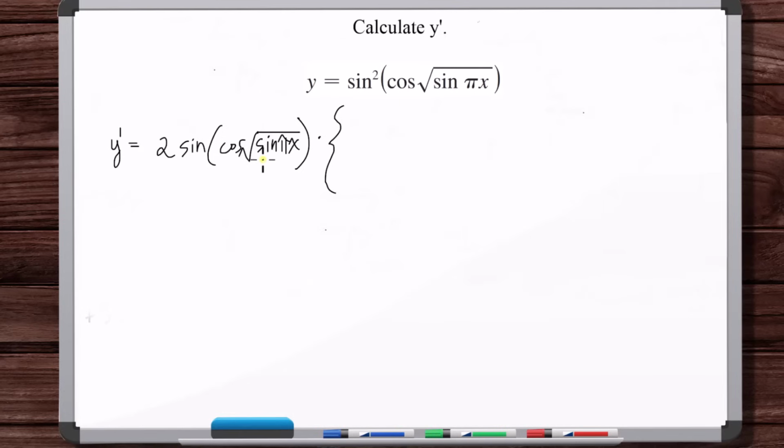Okay, what's the outermost function here? It's sine of something. What is the derivative of sine of something? Cosine of that something. Okay, times, and so remember we have this big bracket because all of this is going to be multiplying the original.